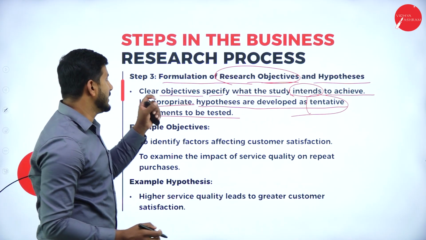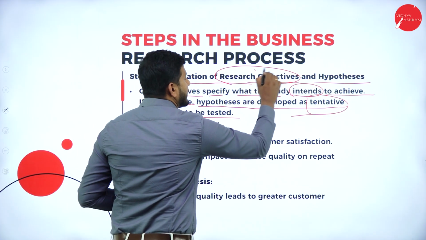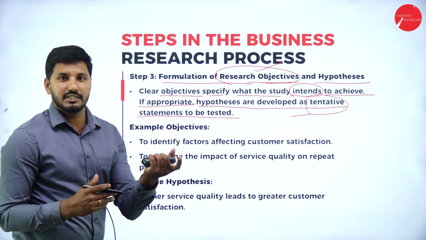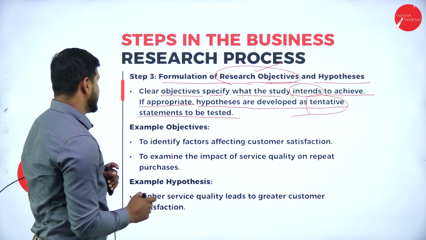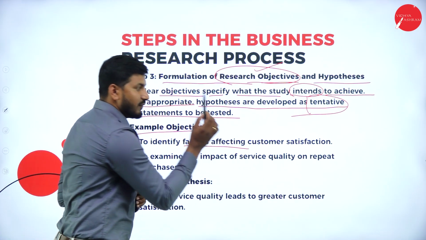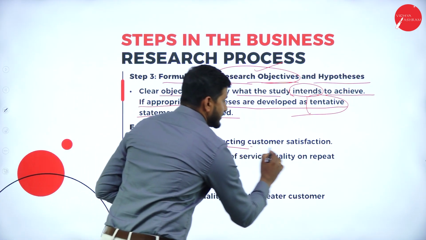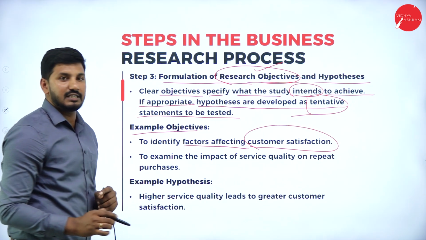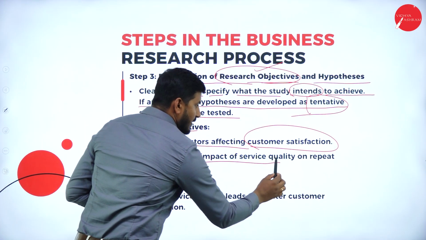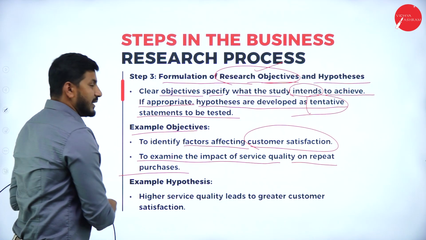This is purely related to formulating objectives, where the major intentions to achieve will be included. Say for an example, to identify the factors affecting customer satisfaction. This is a major example related to objectives. And to examine the impact of service quality on repeat purchases.